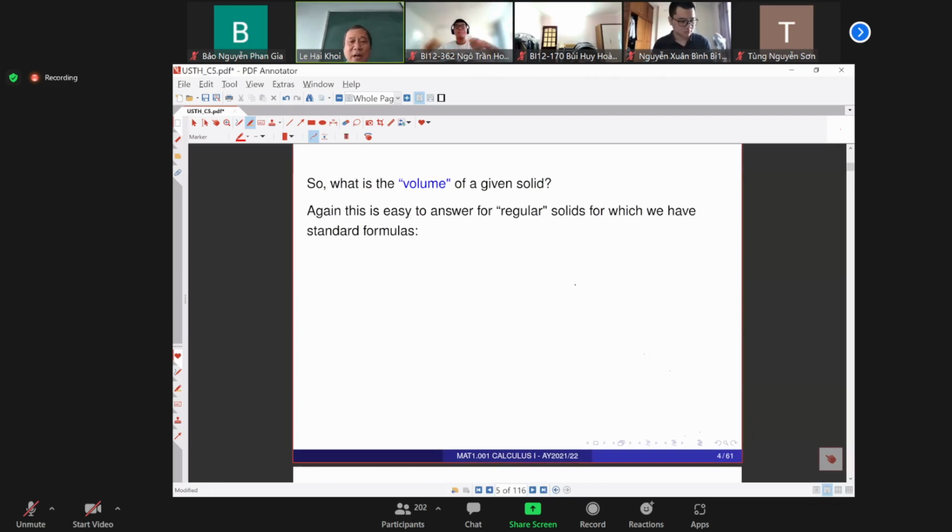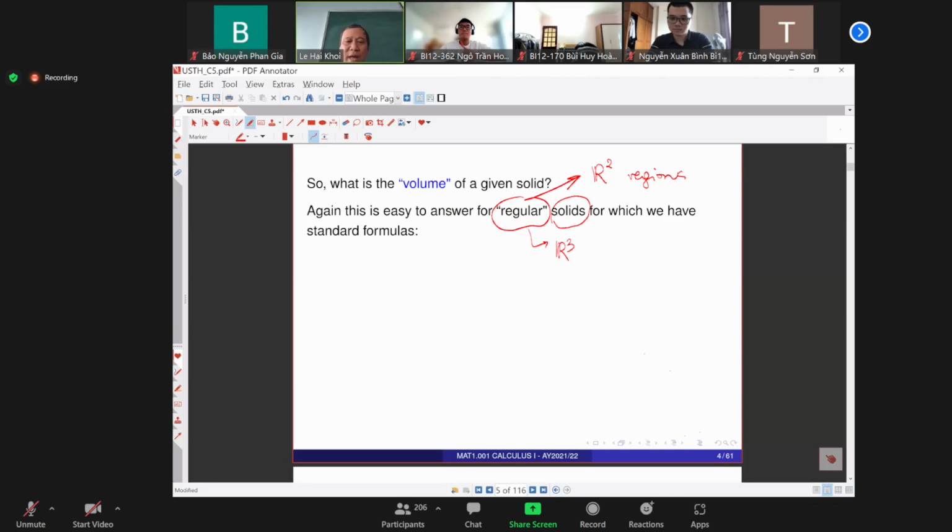We know the same for the area: in the case of R2 we say region, but in the case of three dimensions we call this a solid. A solid is three-dimensional, a region is two-dimensional.